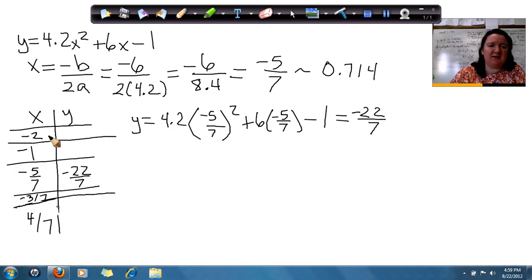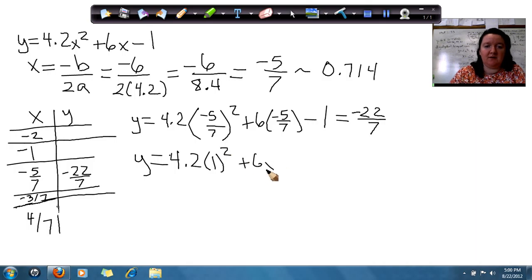Okay. So let's plug this negative 1 into our handy-dandy function. We have 4.2 times 1 squared plus 6x minus 1. Well, that's going to give me 1 times 4.2, so I have 4.2. Oh, and this x really should have been a 1, so let's fix that.